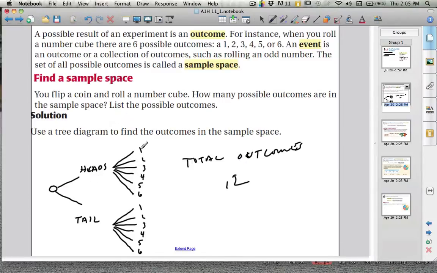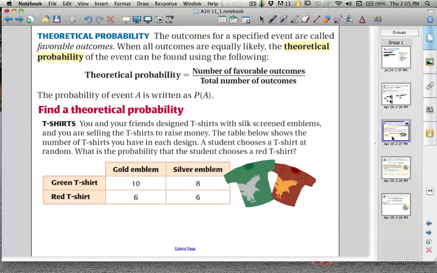Well, head followed by 1, there's only one favorable outcome, but there are 12, as we've already identified, possible outcomes to flipping a coin and rolling the dice. Okay, that would be theoretical probability. And the way you would write the probability of event A is P, open parentheses, A, close parentheses. So P stands for probability and A is event A.